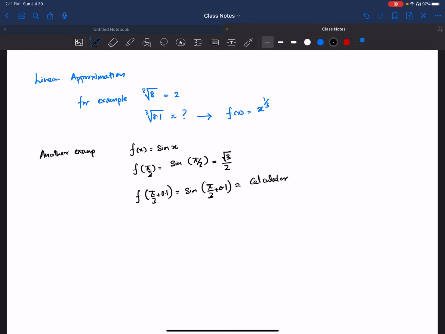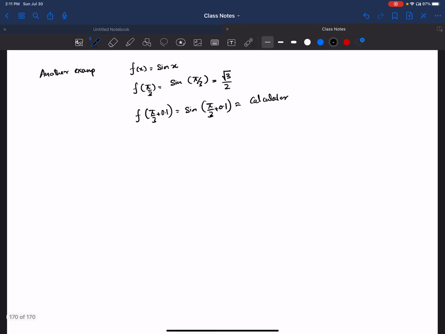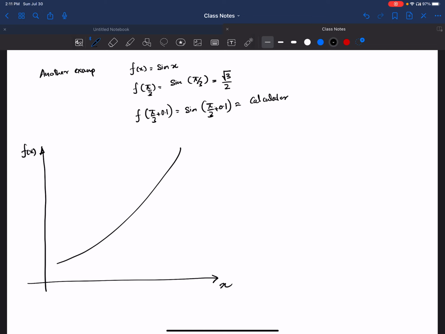So what is this linearization? Why is this a problem in calculus? Well, we're going to use the knowledge of calculus to linearize functions. Actually, you already know what I'm going to talk about, because if we have a function f of x, a curve like that, I can draw a tangent at a given point.